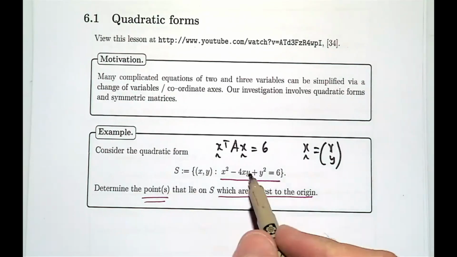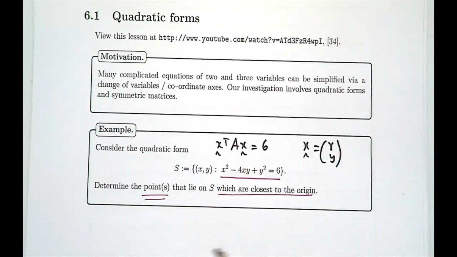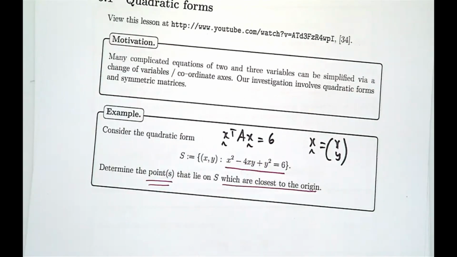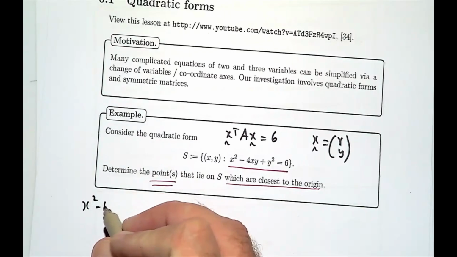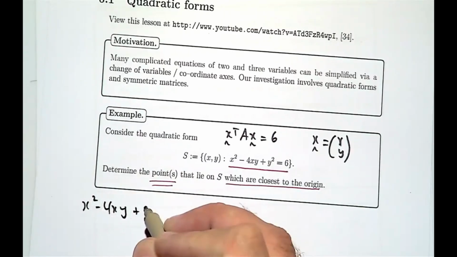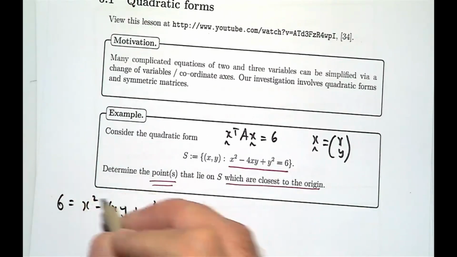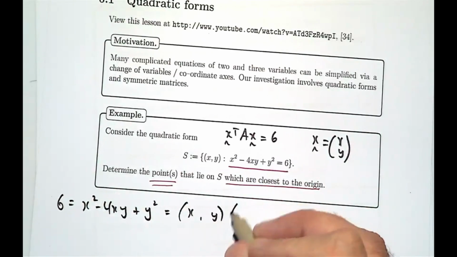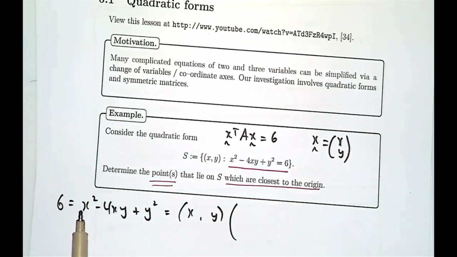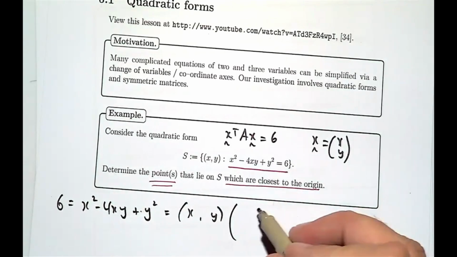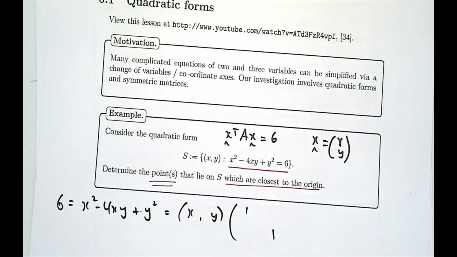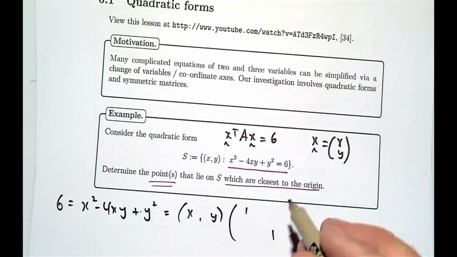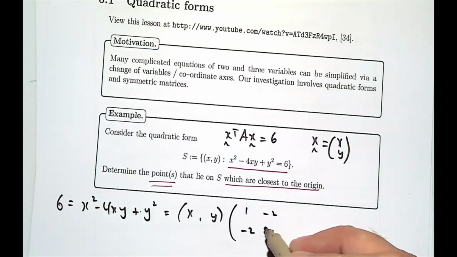So how do we write this in terms of this? Well, let's see. Okay, so x, y. For this one, I'm taking the coefficients of the squares and writing them down the main diagonal. Then I'm taking half of the other coefficient and writing it down the other diagonal.